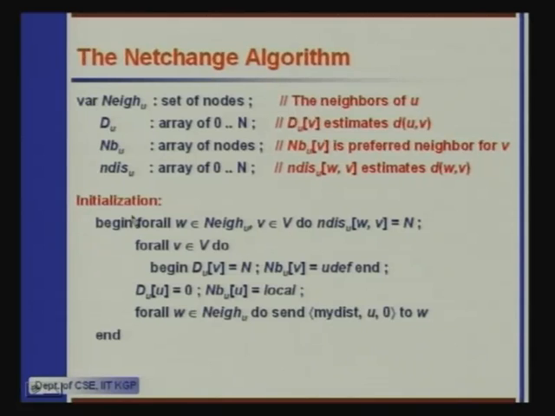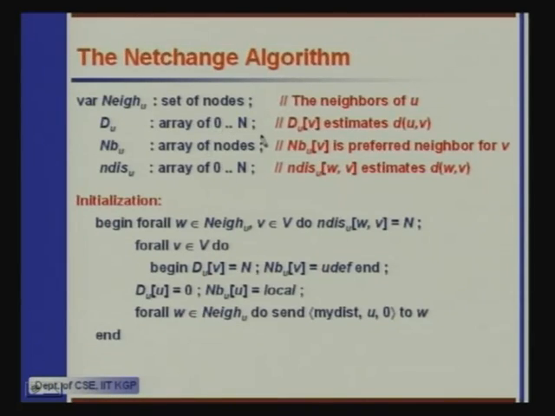Now, let us see what we do in the initialization. In the initialization, for all w belonging to neighbor u, for all v belonging to V, we first set ndis u w v to be equal to n. Now, this n is actually equivalent to infinity. Why?